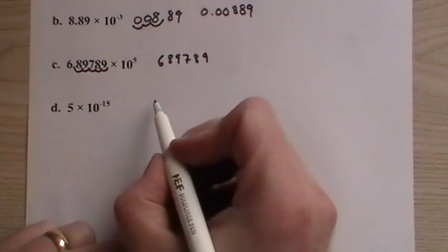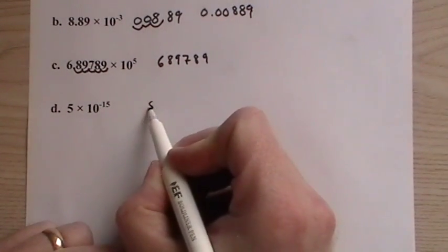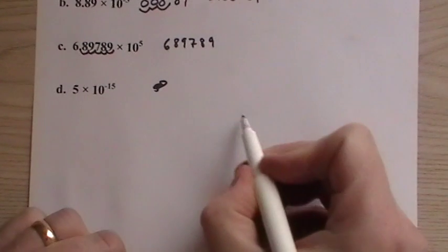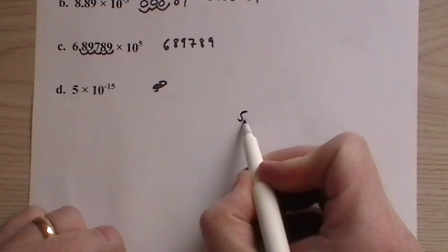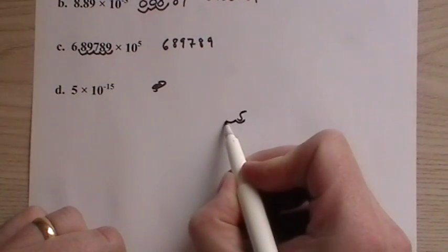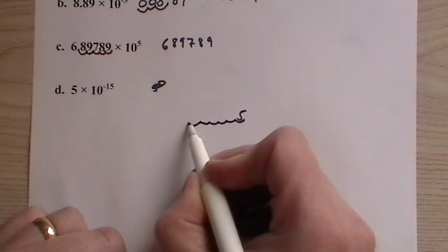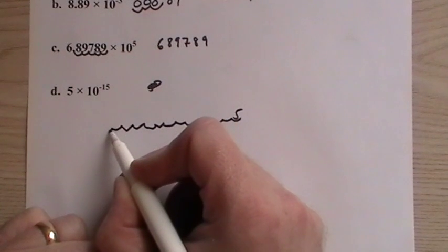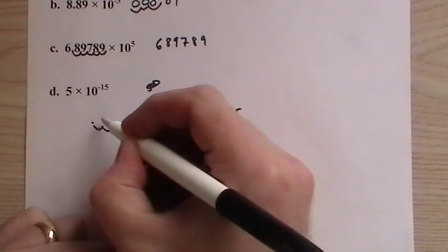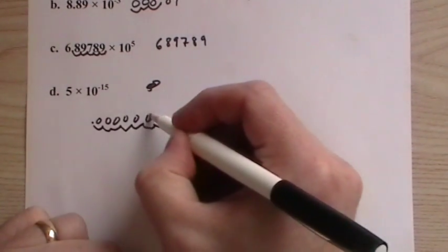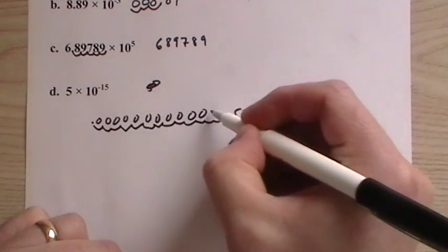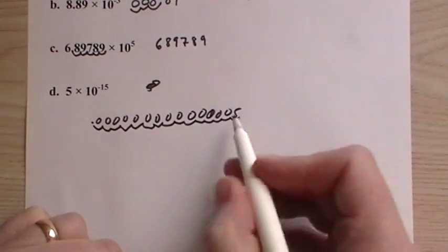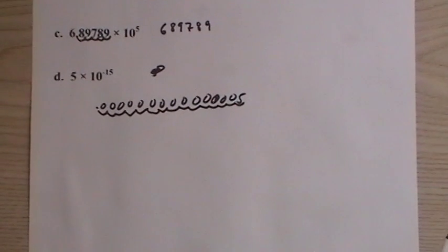This one is just to be annoying, so I'll put the 5 over here and count 1 through 15. Kind of messy, but that's what you would have. And there you go.